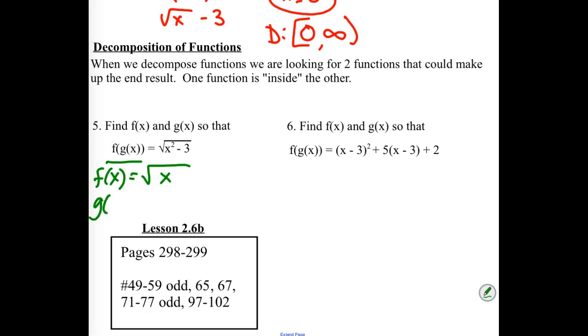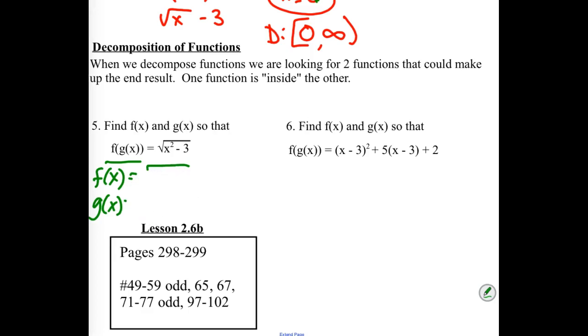What is it that I square rooted? Yeah, x squared minus 3. That's one way I could do that.